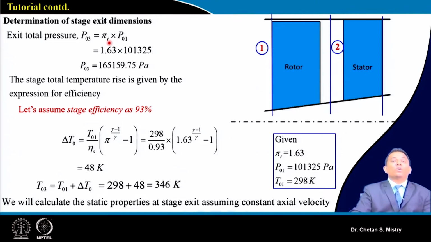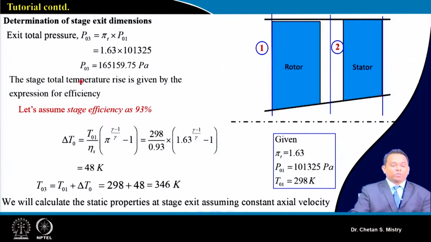We can also calculate the static pressure, which is required for calculating the exit density. Once the exit density is known, we can calculate the exit area for this particular stage, and that is how we will proceed.